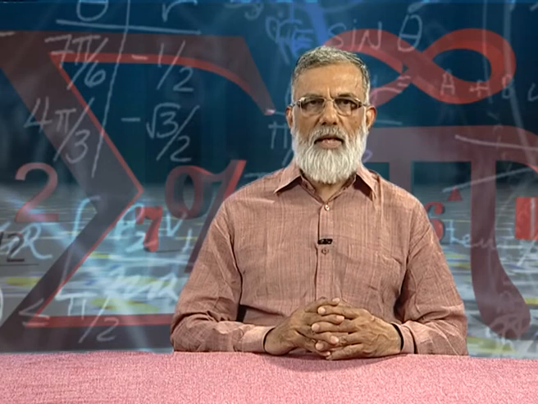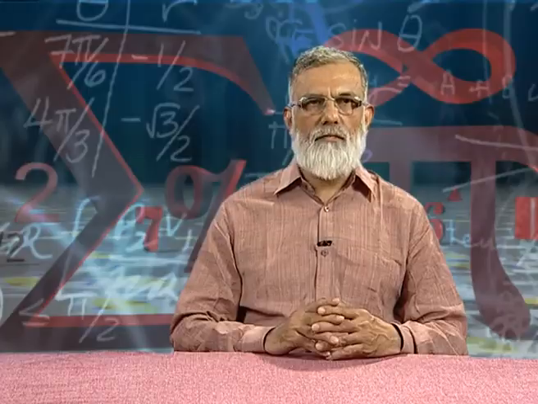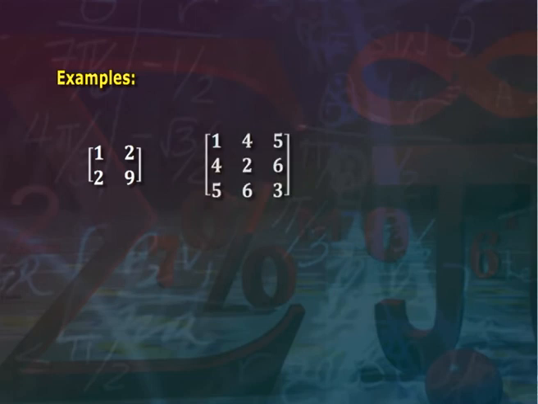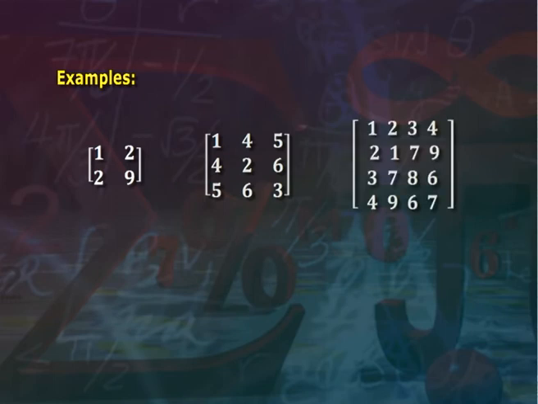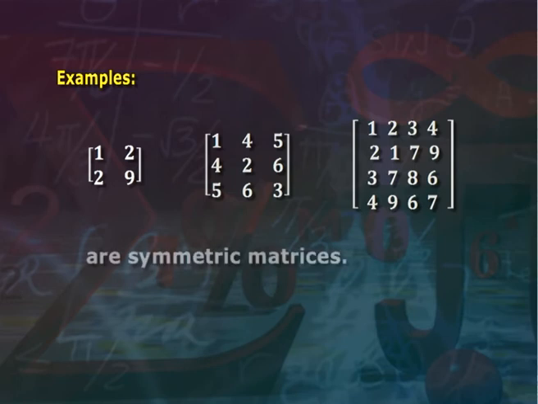That is, A is symmetric if A equal to A transpose. Examples: 1, 2, 2, 9; 1, 4, 5, 4, 2, 6, 5, 6, 3; 1, 2, 3, 4, 2, 1, 7, 9, 3, 7, 8, 6, 4, 9, 6, 7 are symmetric matrices.